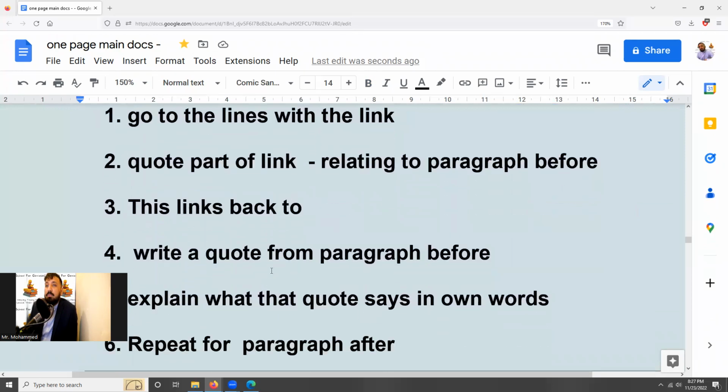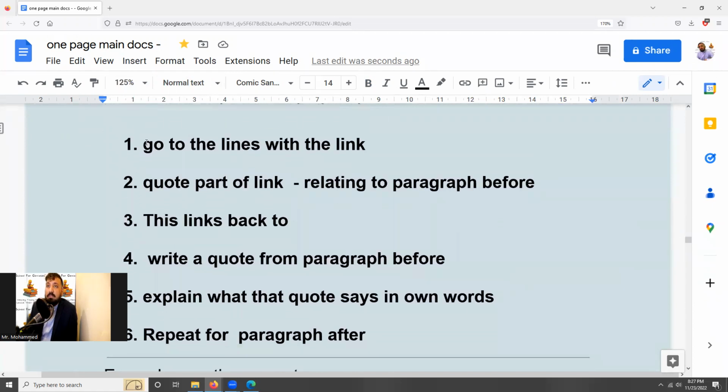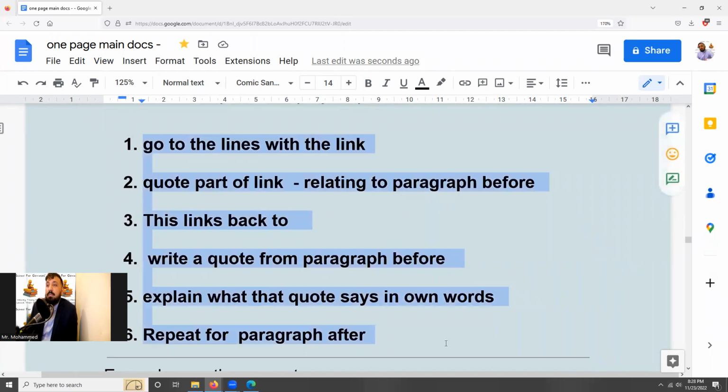Now, how do you do this question? What are the steps? Just make your heading: how to do it. And the steps are as follows. You go to the lines with the link, and you will be told this in the questions. This is for RUAE.